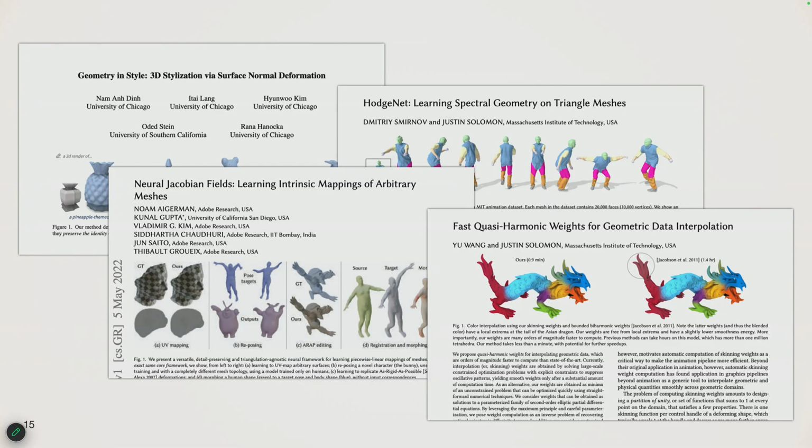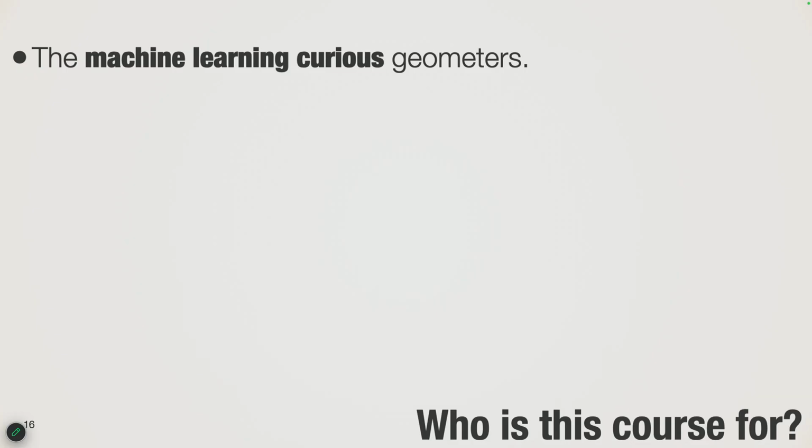Now, for a little bit of the logistics, who is this course actually for? Well, I hope there's a lot of geometry folks in this audience that are curious about machine learning, maybe want to try it out a little bit, but still want to bring along all of their cool geometry knowledge and geometry techniques. And so this is really the main audience.